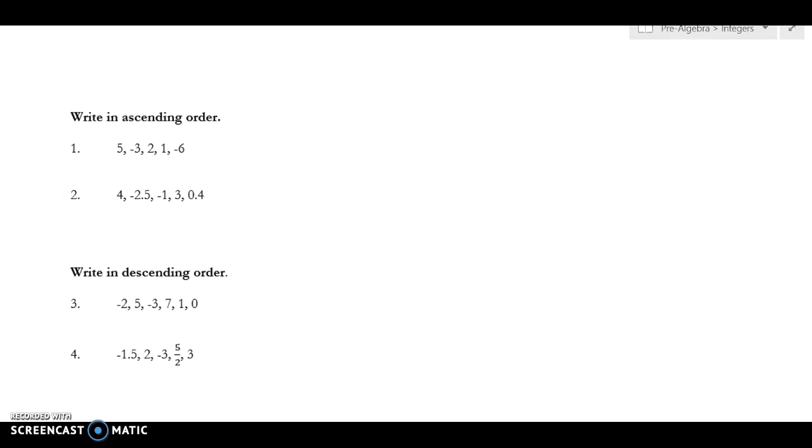Okay, so you should all be done with this one. Ascending is from small to big. So my smallest number is -6, then -3, then 1, then 2, then 5. I really recommend you underline or cross it off after you've done it, because sometimes you'll forget numbers if you don't do that.